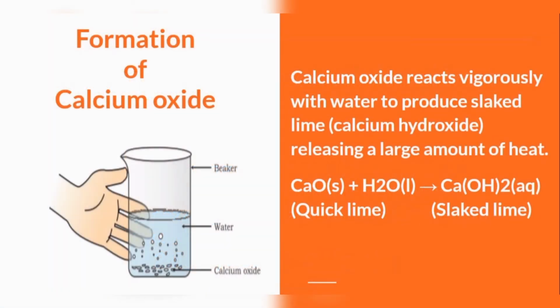Now another example we can study is the formation of calcium oxide. Calcium oxide is commonly known as quicklime. When it reacts vigorously with water, it produces slaked lime.